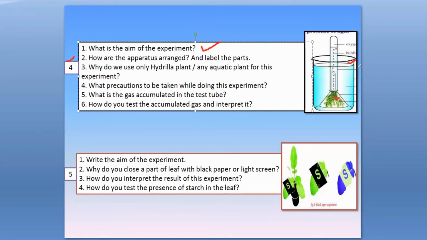Now to label the parts: this is the thistle funnel, hydrilla, test tube, beaker, and water. While we are conducting the experiment, gas bubbles are released from the hydrilla. These are the bubbles.